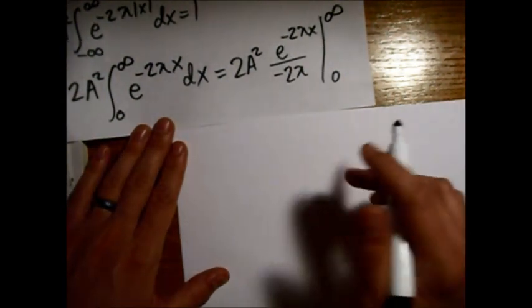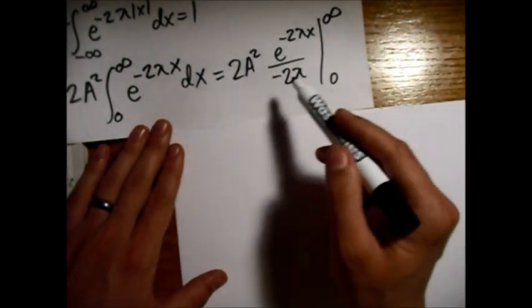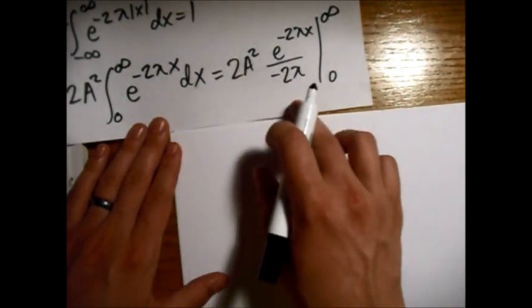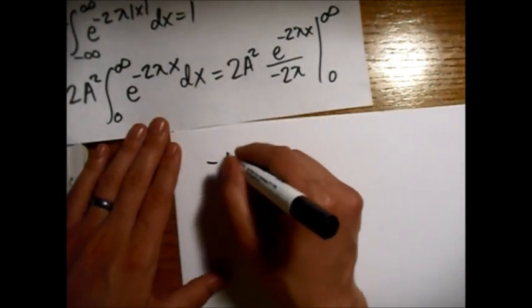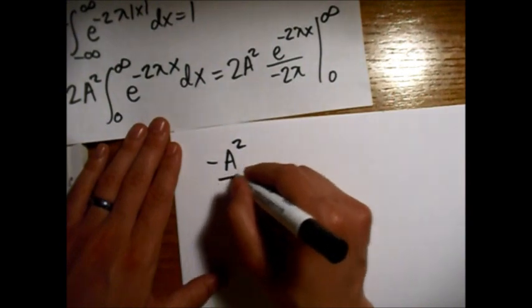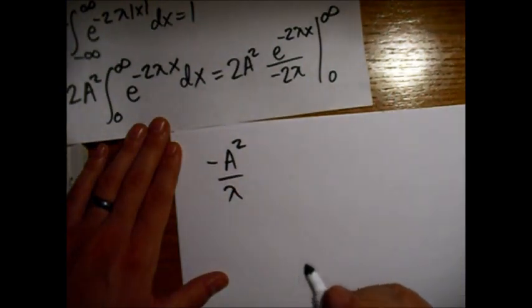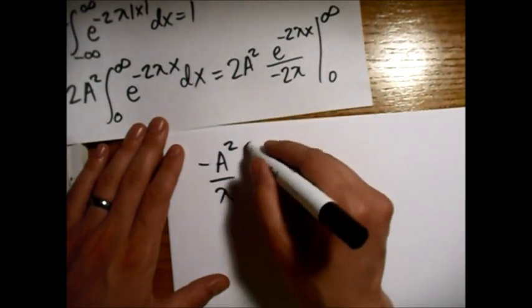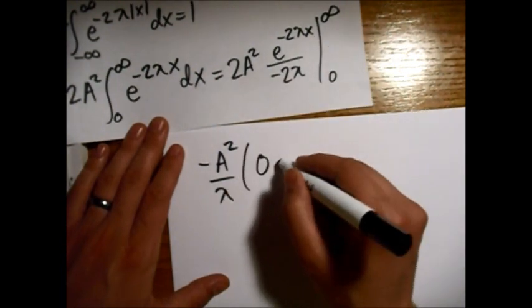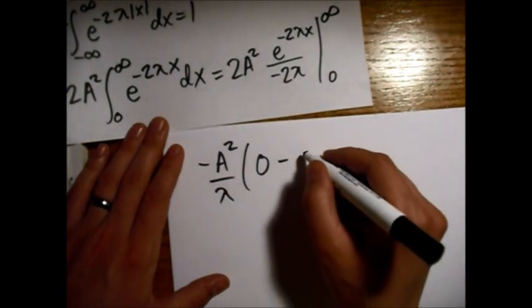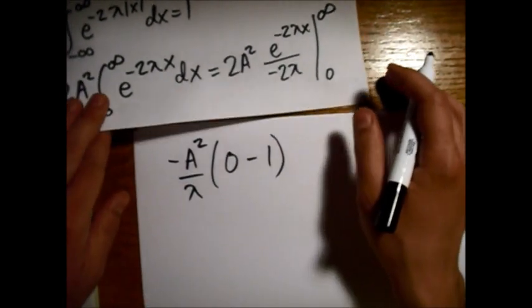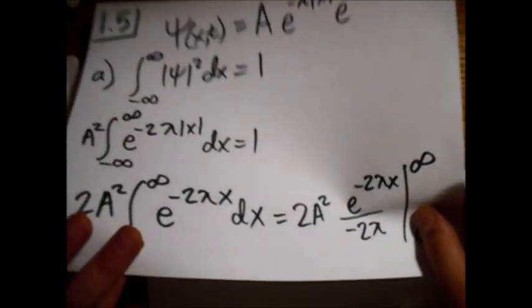Right. So let's go ahead and divide out these 2's. We have a minus A squared over lambda, and then we get 0 minus 1, and all of this is set equal to 1.